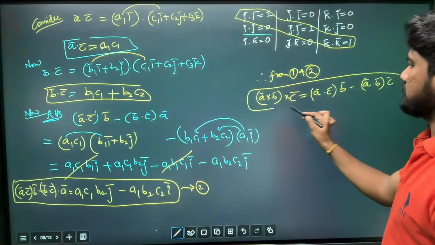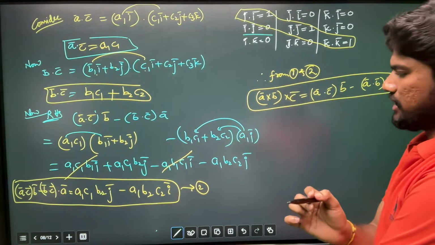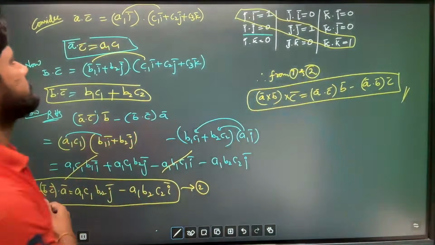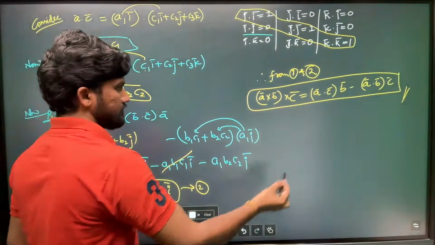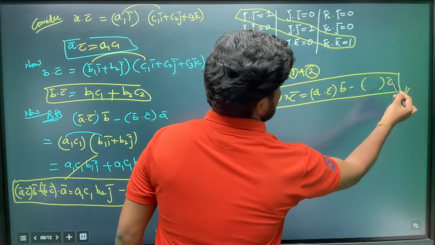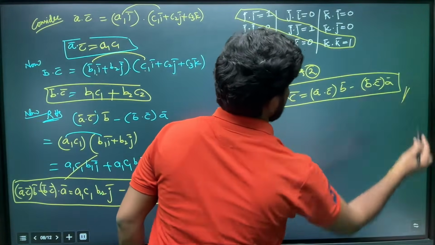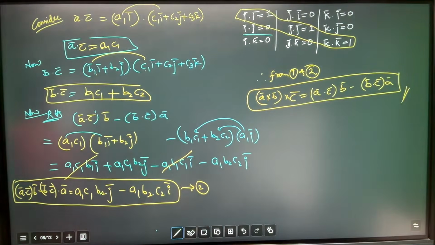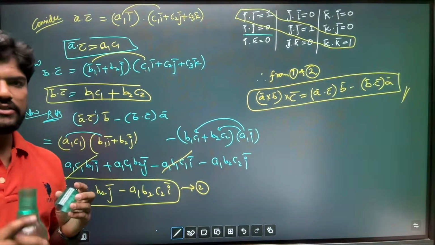I wrote it wrong again, it is b bar dot c bar. Correct. Clear? Yeah. Next.